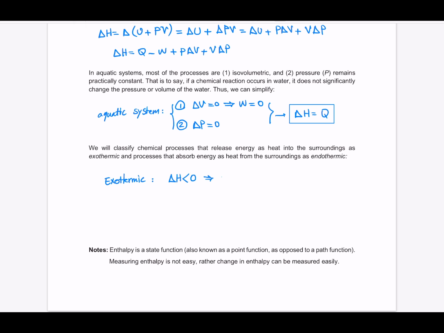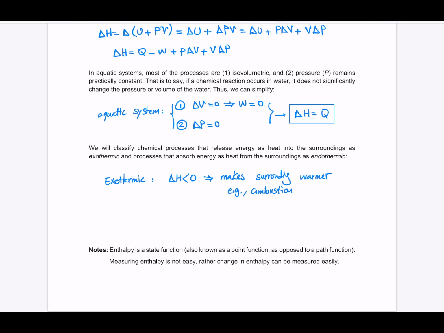So this means it makes the surroundings warmer. The classic example is combustion. Again, it's all about the system and the surroundings.